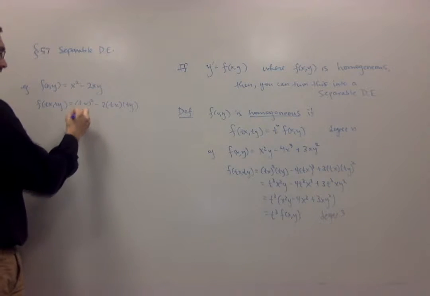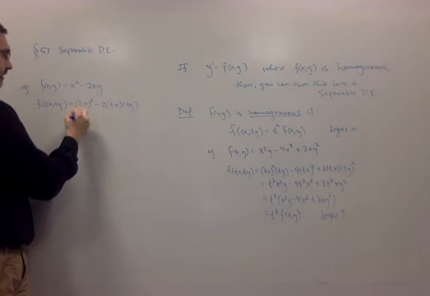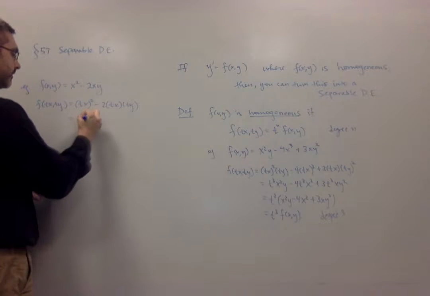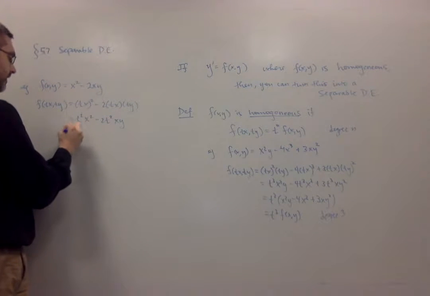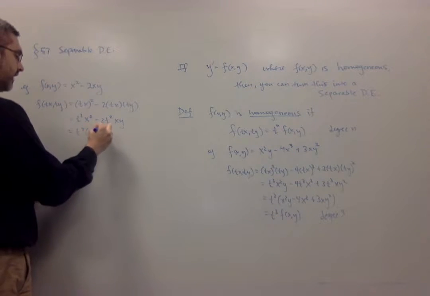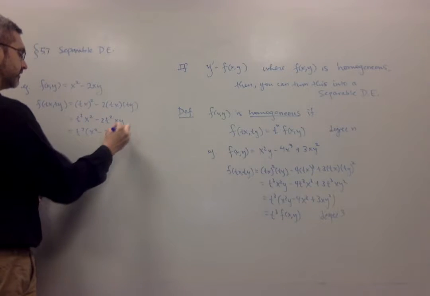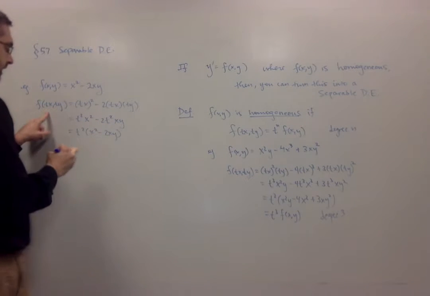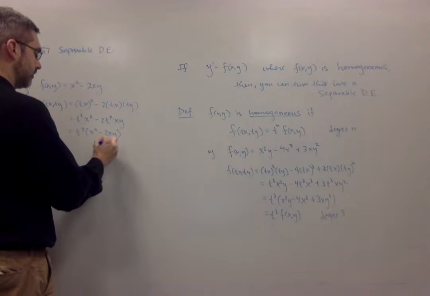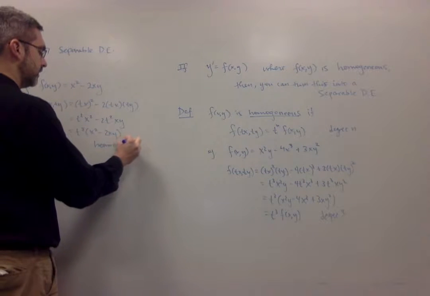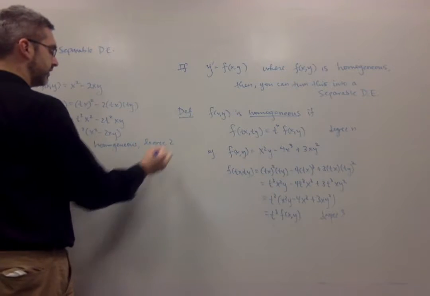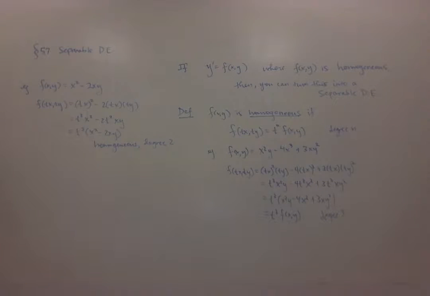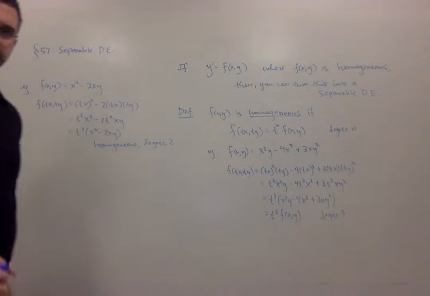And I think you can see that what's going to happen here is we're going to get a t squared, and here we're also going to get a t squared. And I can pull that t squared out, and what I end up with is the original function. So this is homogeneous. And its degree, in this case, since I have a t squared in front, it's degree 2. All right? That kind of makes sense?